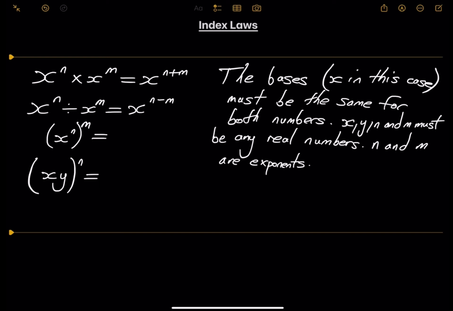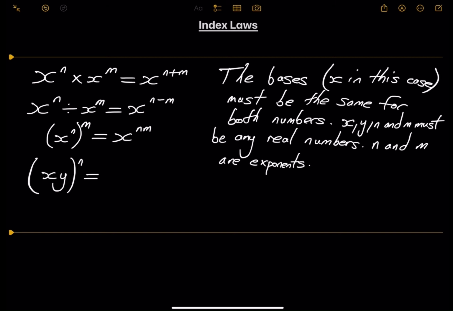For the third case, we multiply the two powers. Here we've got x raised to the power n, in brackets, and all of it raised to the power of m. We simplify this by multiplying the two powers, and we end up with x raised to the power n times m.